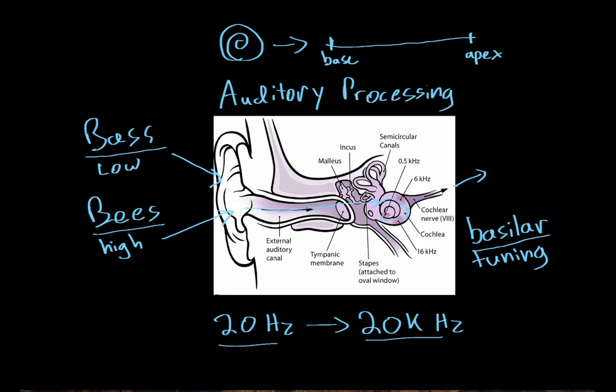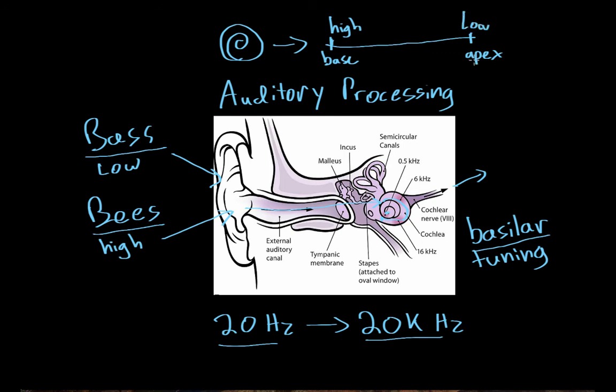If we looked at which hair cells were activated given different sounds, we would notice that hair cells at the very base of the cochlea were activated by very high frequency sounds, and hair cells at the very apex of the cochlea are stimulated by very low frequency sounds.